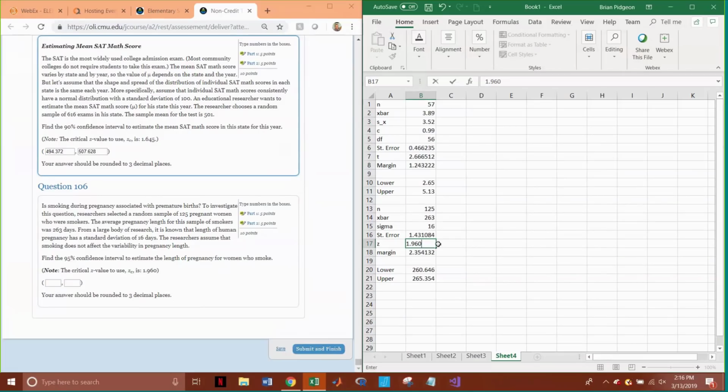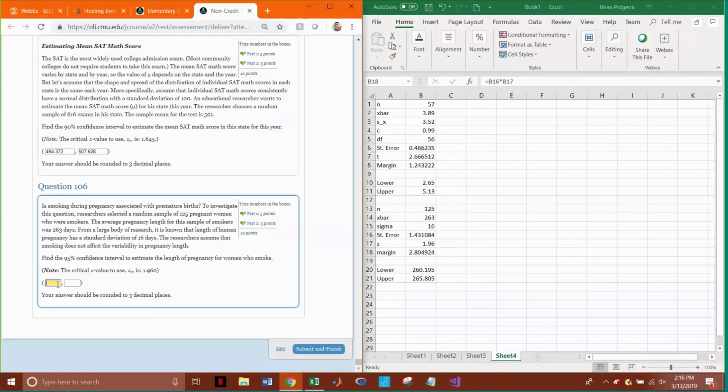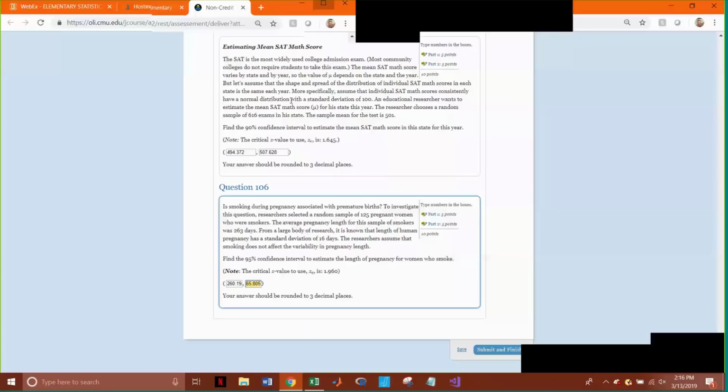So N is 125, X bar is 263, standard deviation 16, standard error is sigma over root N. All right, it looks to be right. So we're going to say 260.195 to 265.805.